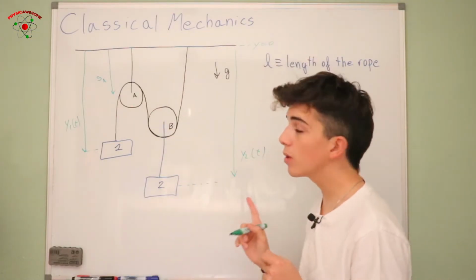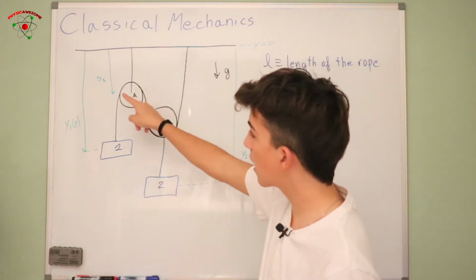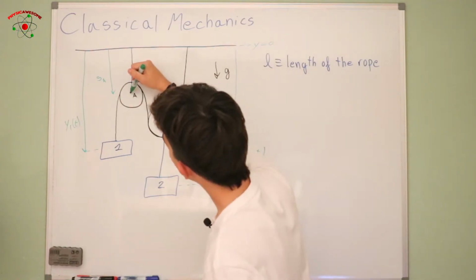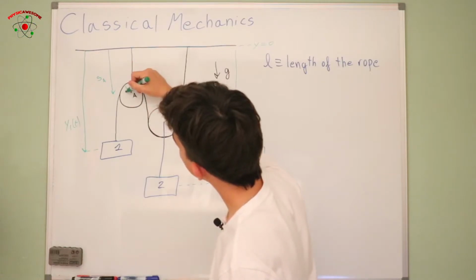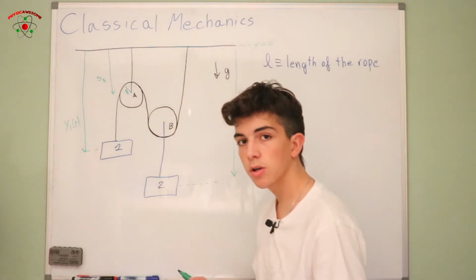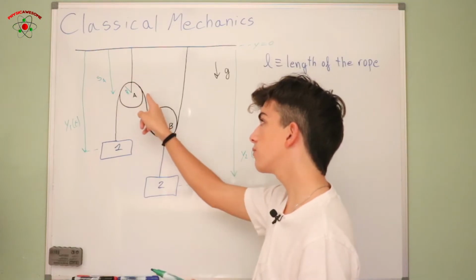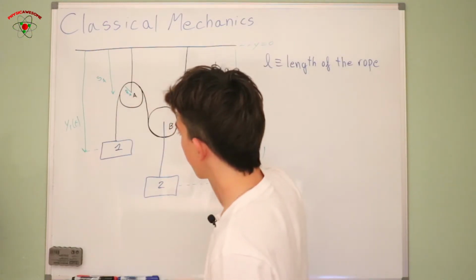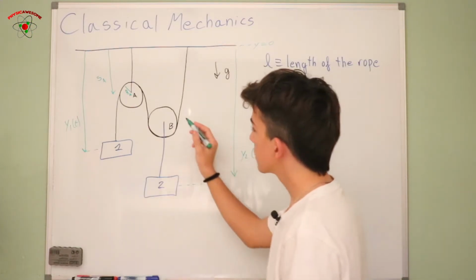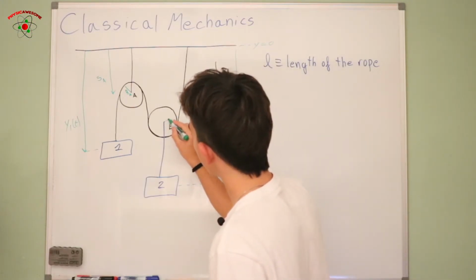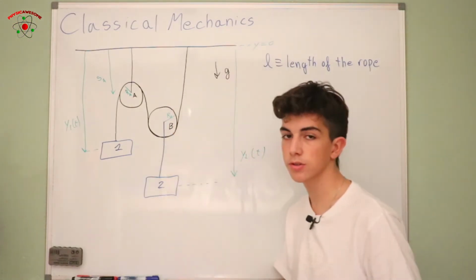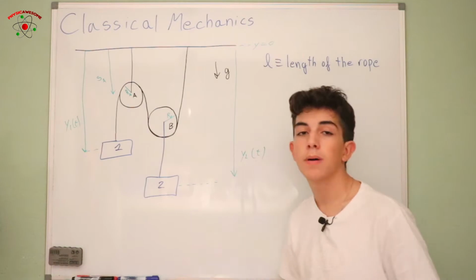Then it will be relevant this angle that the string is making. So if we denote this radius by r, we will see that this length of rope is pi times RA, and similarly this length will be RB, this radius, so that this length is pi r.